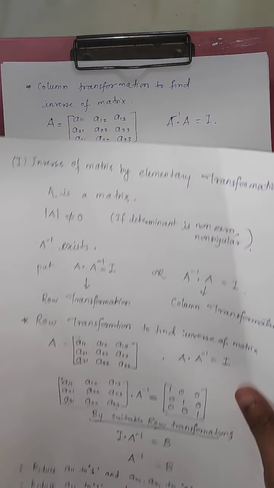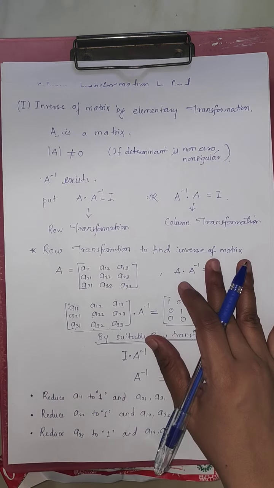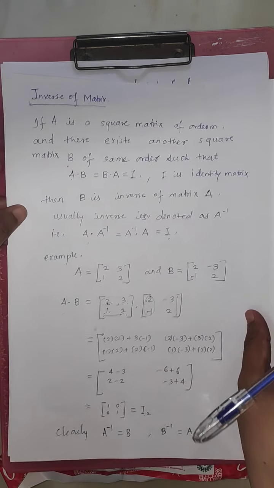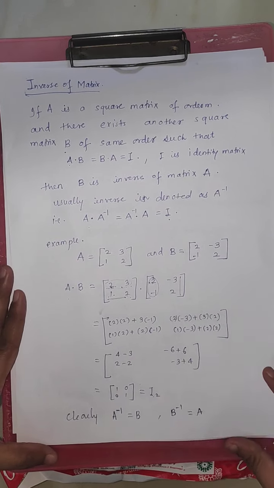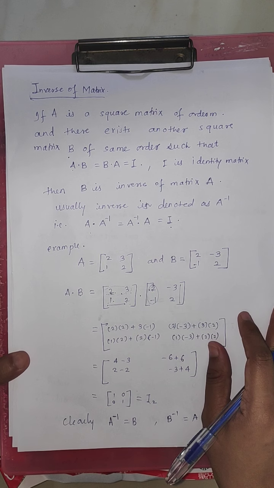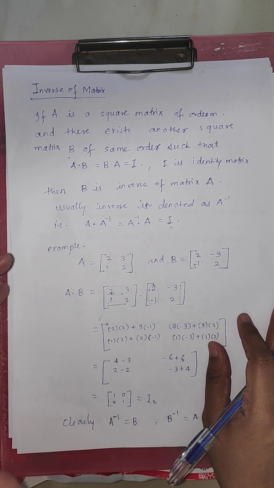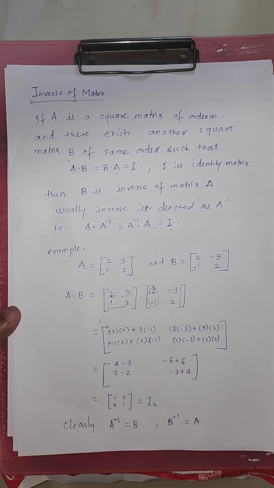Okay, so today we will stop. In the next lecture we will see how the adjoint method works to find inverse of matrix. Then we will go for exercise 2.2. Then you will clearly understand how to solve inverse of matrix by row transformation or column transformation or adjoint method.